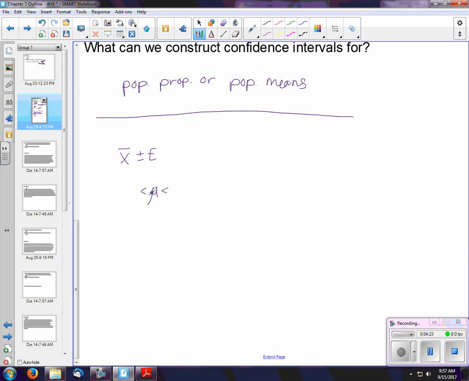So we can say that the population mean is bounded on the upper side by your point estimate plus the margin of error, and then it's bounded on the lower end by subtracting. So in other words, you are finding a lower boundary and an upper boundary such that the population mean is somewhere in between those bounds based on how confident you want to be. So if you choose a percent of confidence, that's what you're basing this off of.